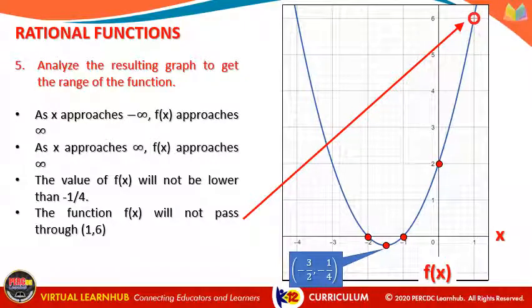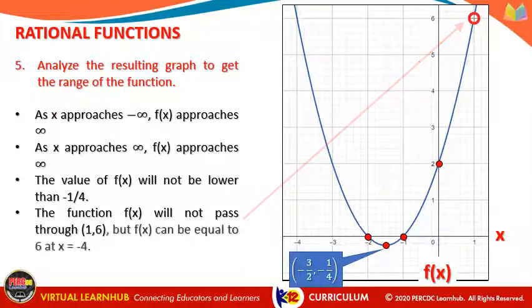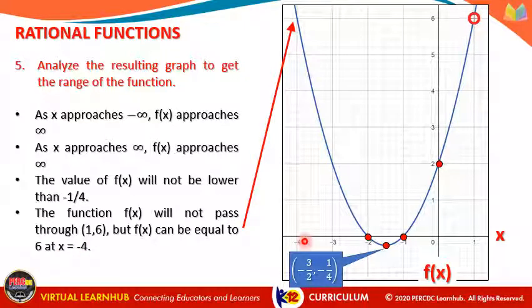Makikita natin, meron. As you can see, base sa graph natin, posible ka pa rin na makakuha ng 6, kaya lang sa kabilang side, sa negative 4. Tama? Wala namang hole dito. So, ibig sabihin nito, may magbibigay ng sagot na 6.